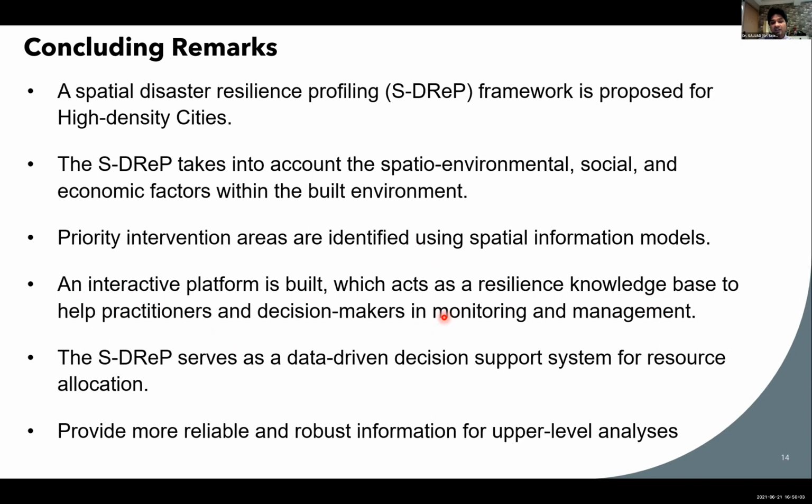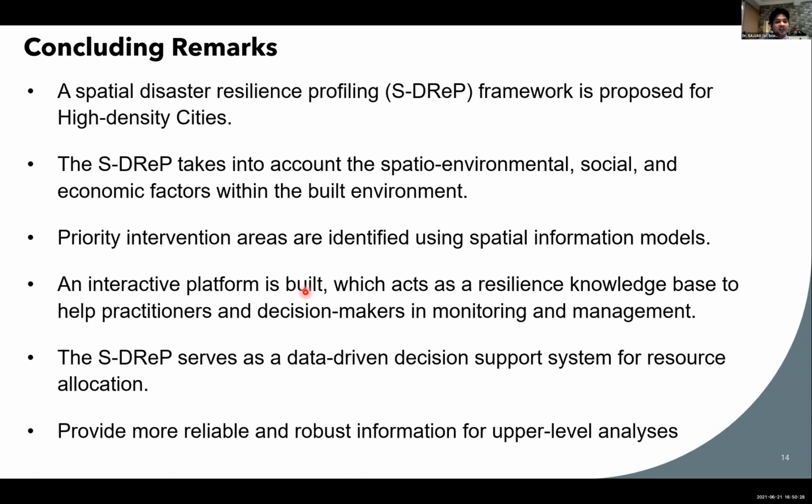However, we have built this interactive platform in a way that if data is available on temporal scales, then just inputting the data will automatically calculate all the indices and we will have an update. So this can be used to keep track of all the changes with respect to time and space.